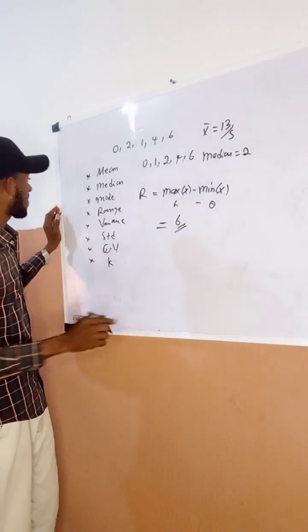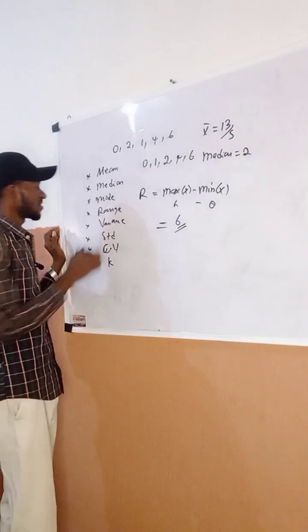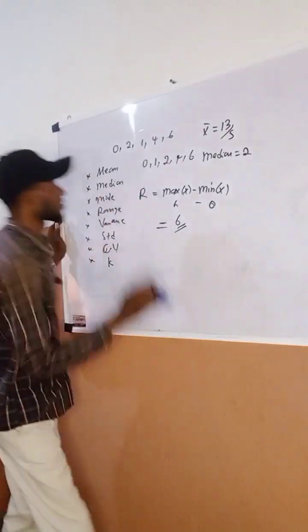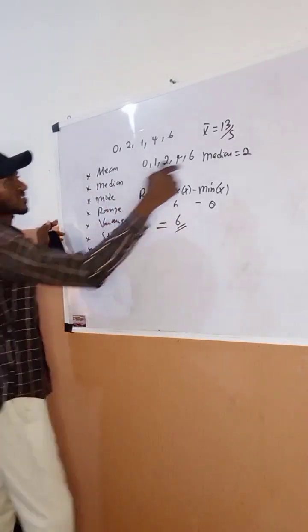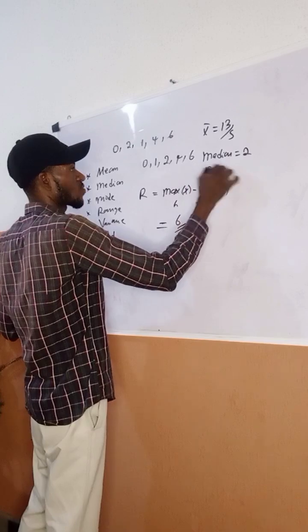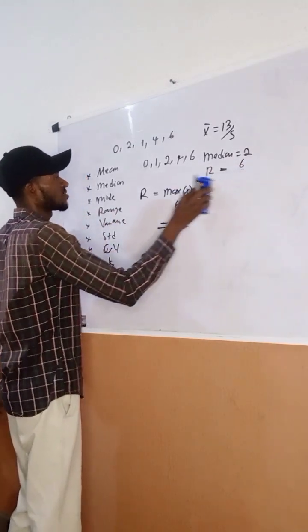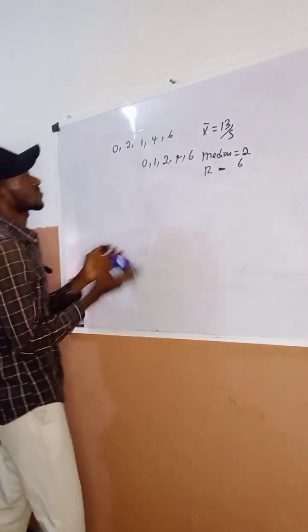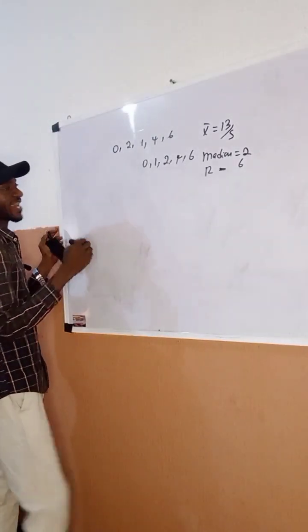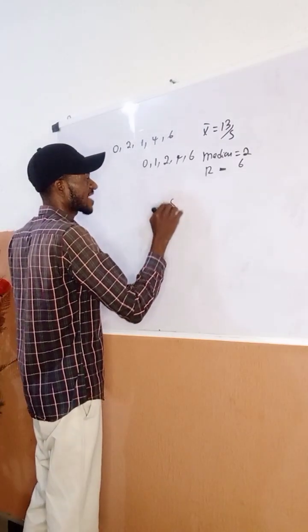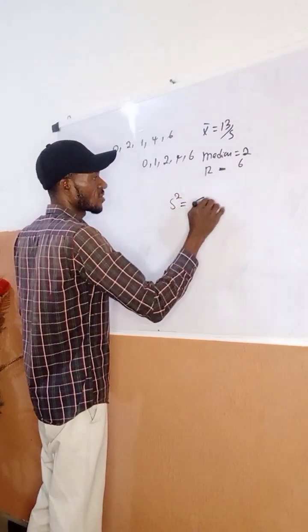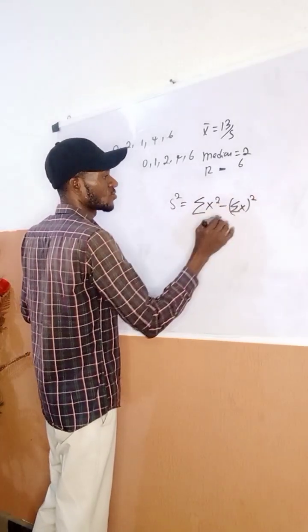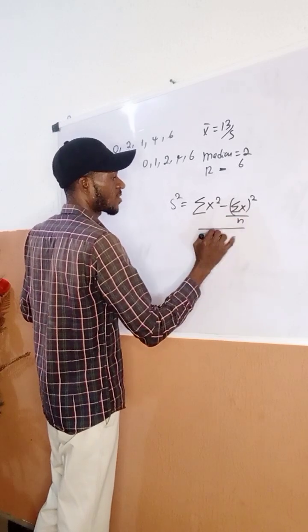Then we come to variance. We are going to use our formula, which says that my variance S squared is given as the summation of x squared minus the summation of x all raised to power 2 over n, all over n minus 1.